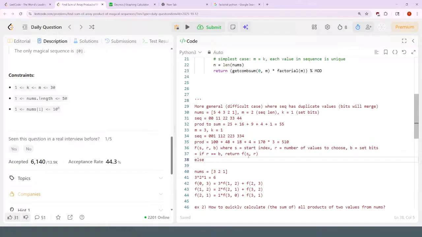Oh, actually, I guess I should multiply. I'm not sure if this should be incorporated into this part times the factorial. Factorial of R? I'm not sure.